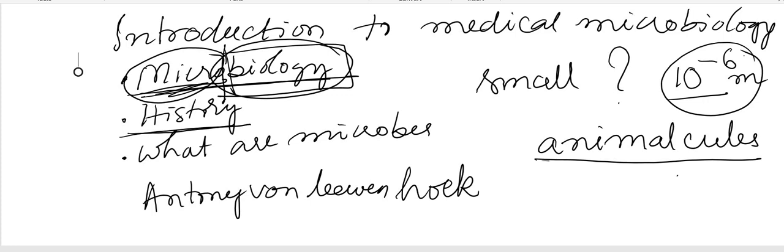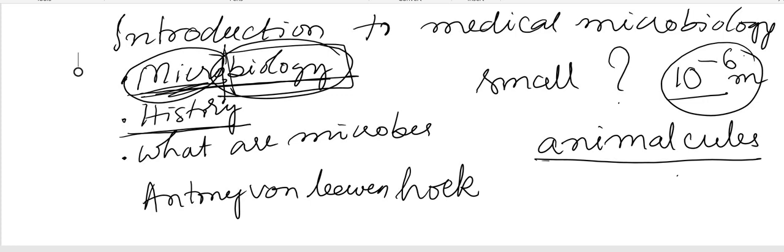After that, many scientists came. First was Louis Pasteur, who disproved spontaneous generation, and then Robert Koch, who discovered anthrax bacilli, many other bacteria, and culture techniques.